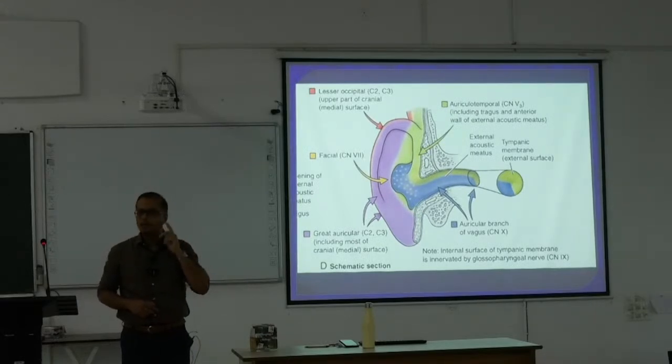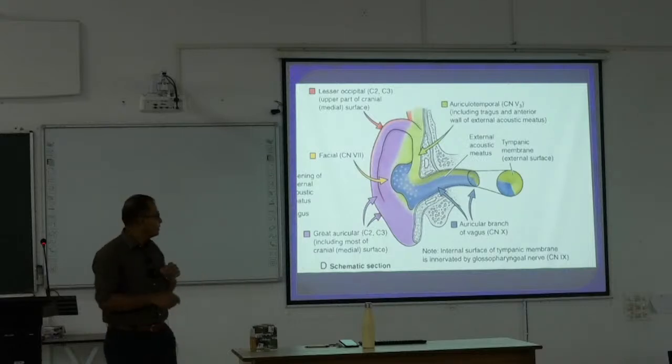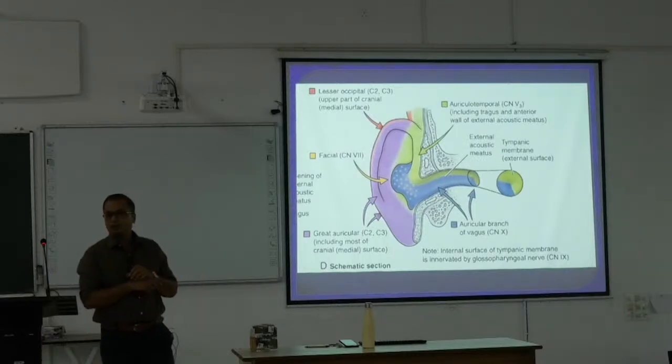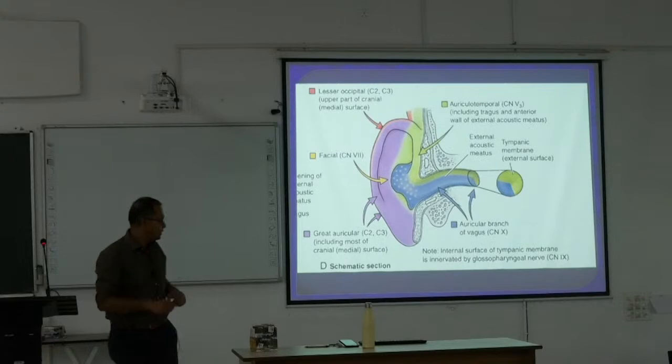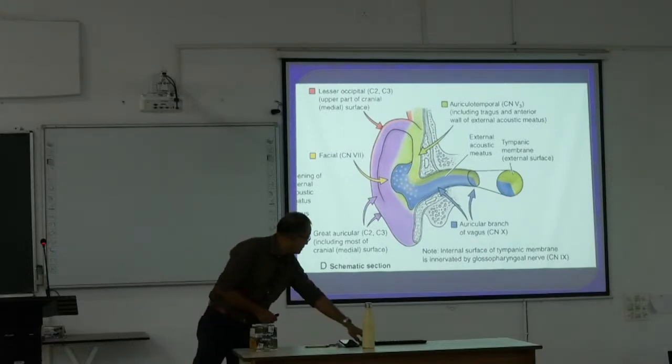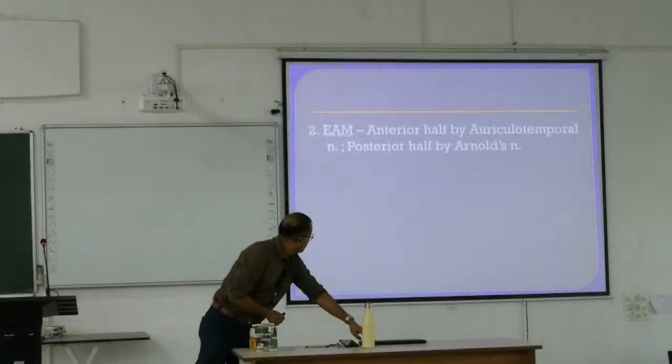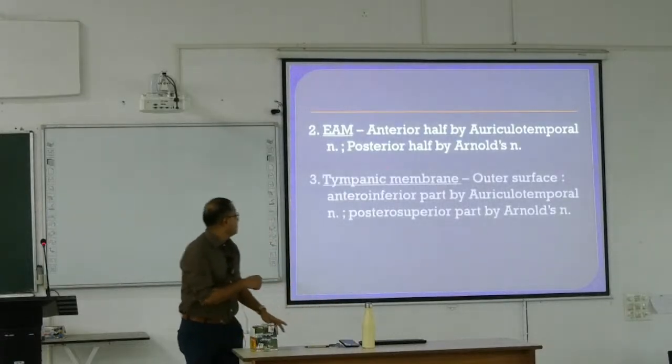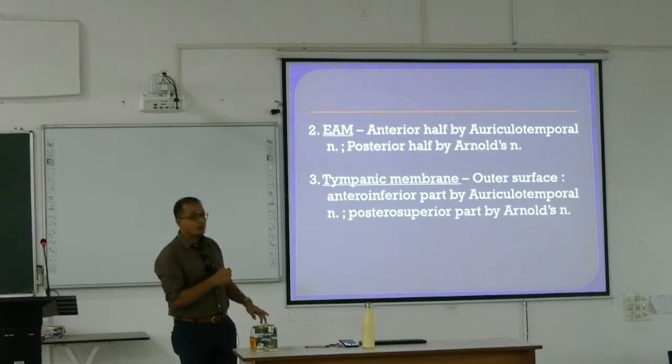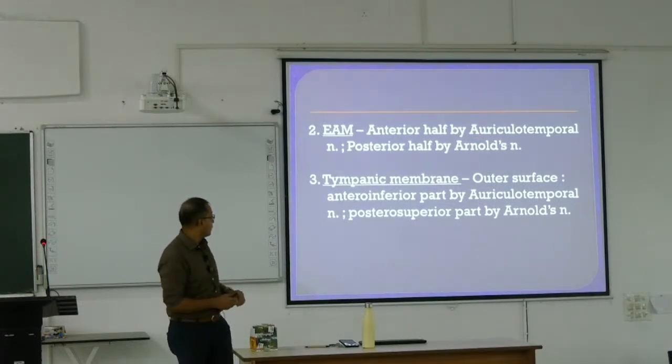So tenderness on pressing over the tragus is a clinical examination point which helps you understand whether the inflammation has gone into this tube or not. So this Arnold's nerve and the auriculotemporal nerve, a branch of V3, and the 10th cranial nerve, the vagus, are important.